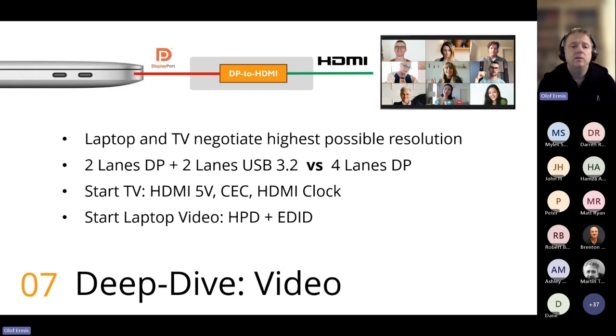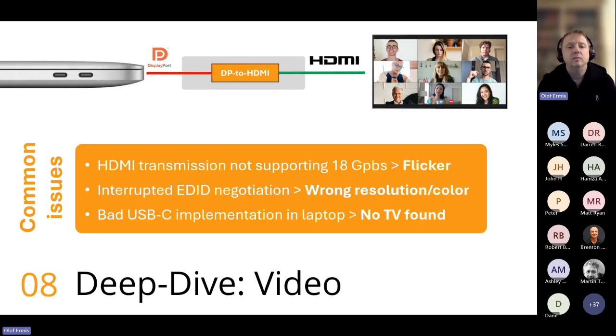What is the usual problematic thing that happens in this flow is that the HDMI channel doesn't support full HDMI 2.0. It could be an extender only doing HDMI 1.4.